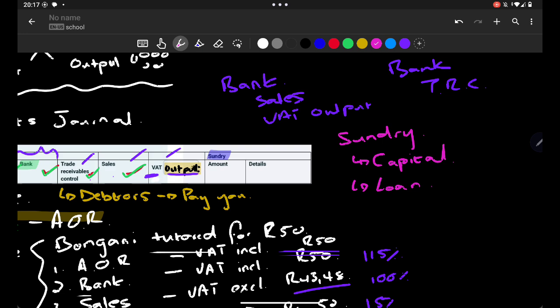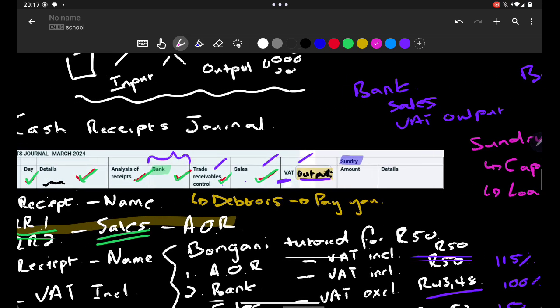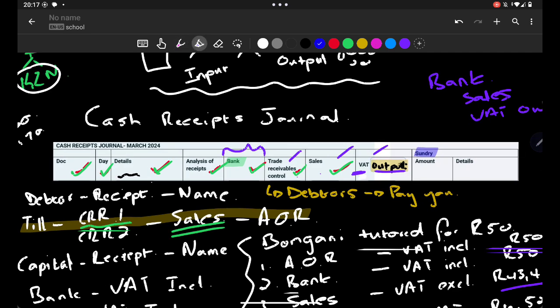If I take out a loan, before I start paying it, that first day when I take out a loan, the bank deposits the money into my account. Hence, the loan comes into the cash receipts journal. I'm receiving the money. Before I pay any installment, first I receive the money. I receive the lump sum amount. It comes in.